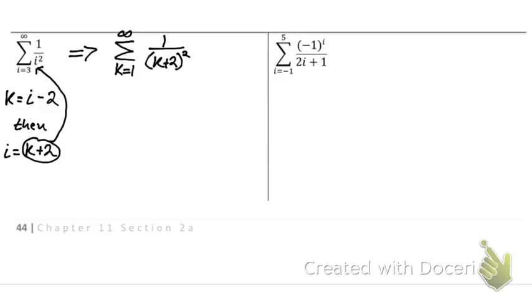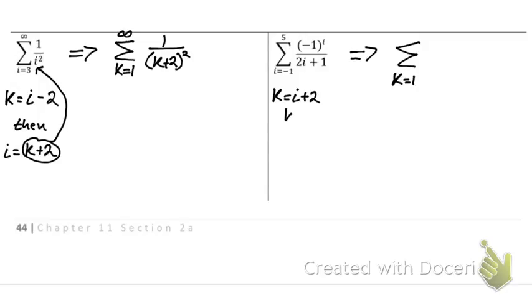All right, I need to convert this to where we have k equals 1 on the bottom, which means I need to add 2 to my i value. So we're going to come up with k equals i plus 2.